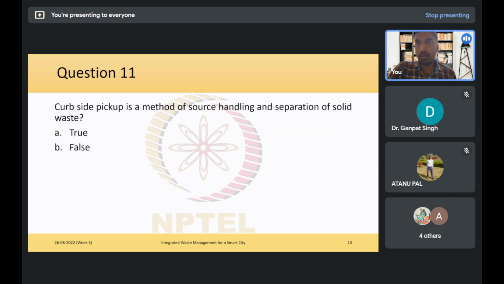Okay, so moving on to question 11. Curbside pickup is a method of source handling and separation of solid waste. Is the statement true or false? Okay, we have one answer.